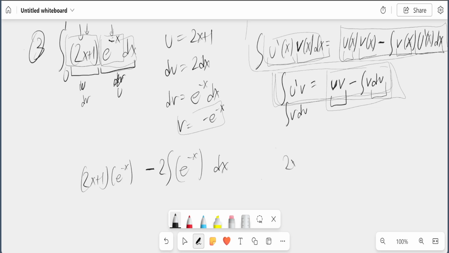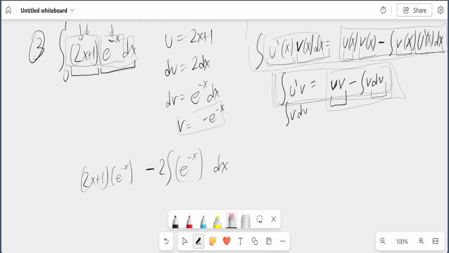Because 2x plus 1, if we integrate that, we get x squared plus x, and then we integrate that again, because none of the functions are going to terminate when we do parts. So we try parts again, and we get x cubed over 3 plus x squared over 2, and it just gets messier and never resolves.